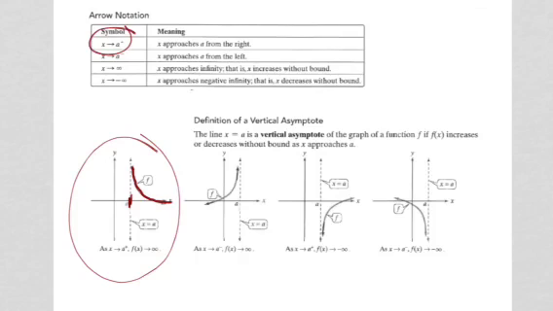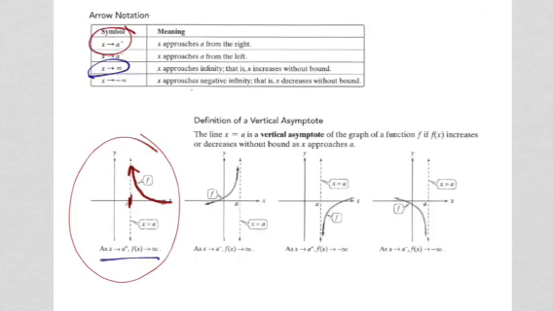It looks like we're getting higher and higher towards infinity, because that's an arrow pointing up forever. So the answer is that as x approaches a from the right, you can see the answer down here at the bottom, the value of the function, f of x, is approaching infinity. It means it's going up.